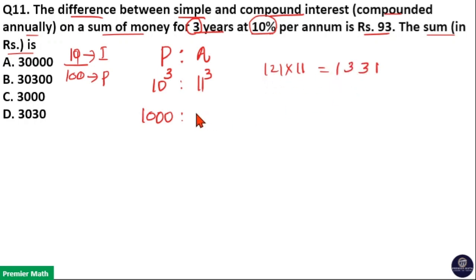So 1331 is the 11 cube. Now take the difference between principal and amount. Here principal is 1000 parts and amount is 1331 parts. So difference is equal to 331 parts. This is in ratio, so we need to write parts here. So compound interest for 3 years is equal to 331 parts.